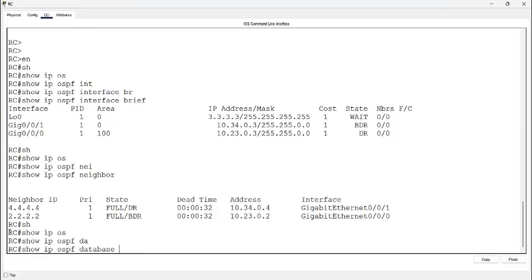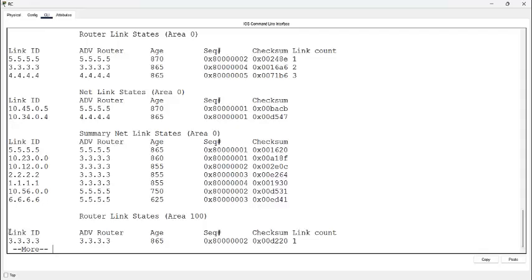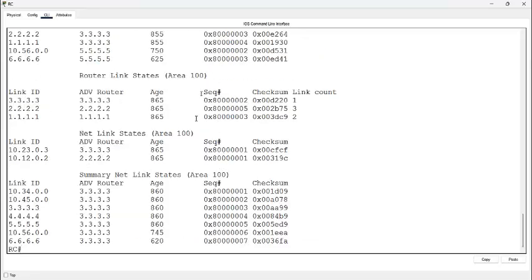This shows all the link state information. I told you, they don't advertise the routing table. They advertise link state. This is the link state information. For each link, there is a link ID and who is advertising it and all the stuff. So this shows, like, 860 seconds ago this was learned. This was learned around 620 seconds.